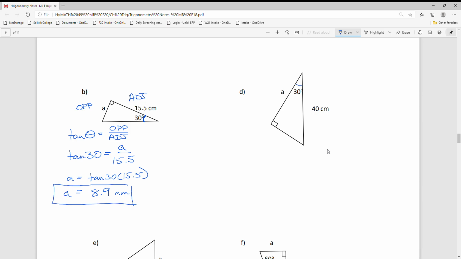A few more. Label it, choose the equation, write it down. Then you're going to sub in everything you know about that triangle, and then solve for the unknown.